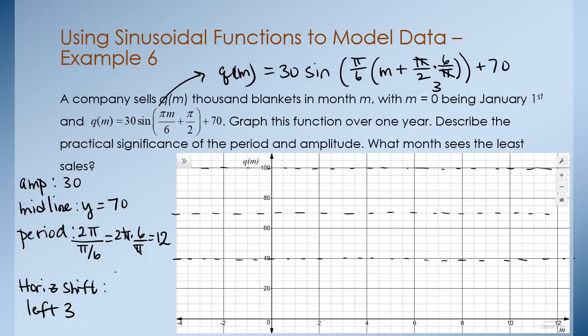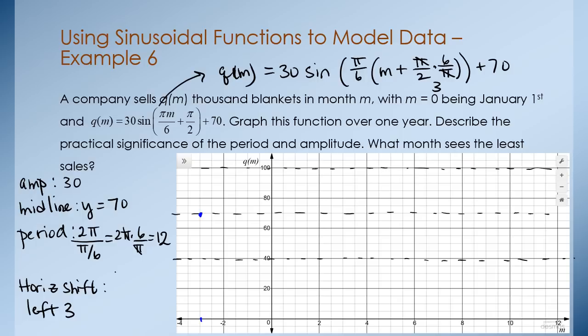All right, now this is a sine curve, so we know normally in a sine curve at 0 that we're hitting the midline, and that's what we're going to do here, only we're going to shift to the left 3 units first. So here is -3 on my m axis in between -2 and -4, and I'll go up to 70 and I'll put a point there.